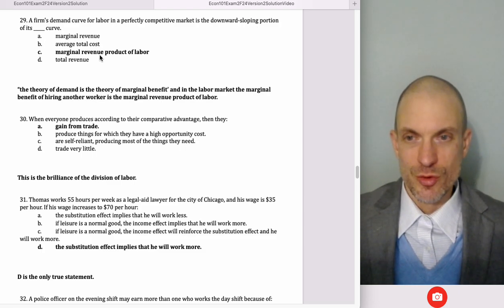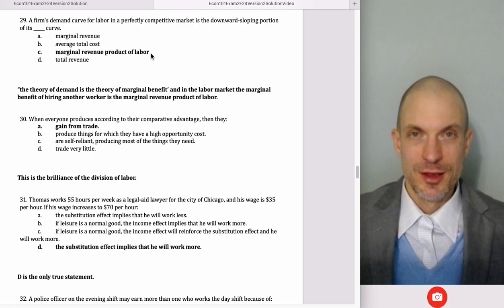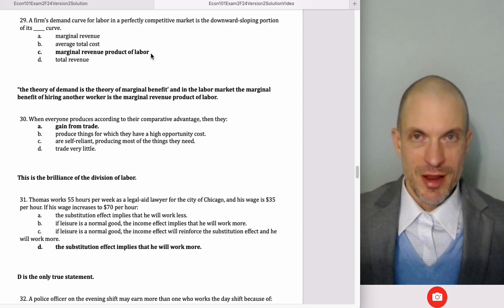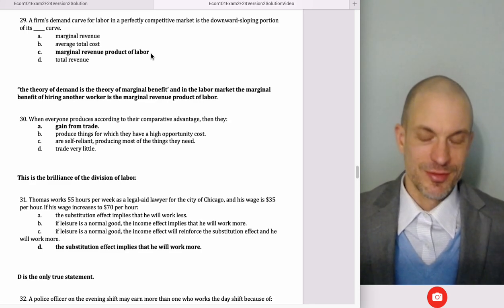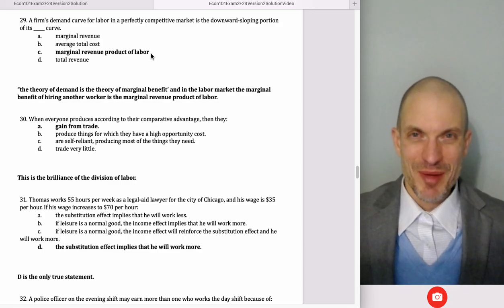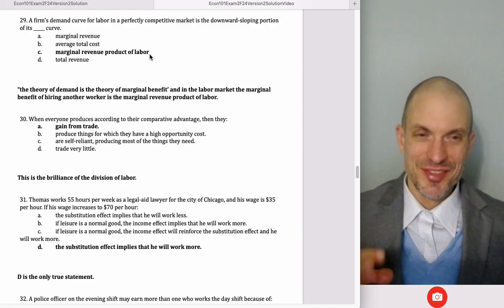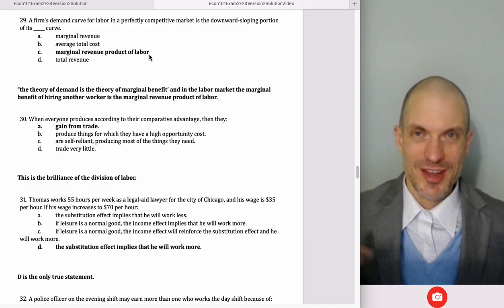All right, so a firm's demand curve for labor in a perfectly competitive market is the downward sloping portion of its marginal revenue product of labor. Right? So the theory of demand is the theory of marginal benefit. The marginal benefit of a firm hiring a worker in the labor market is the marginal revenue product. The marginal revenue product is multiplying the price of the output good in its market times the marginal product.